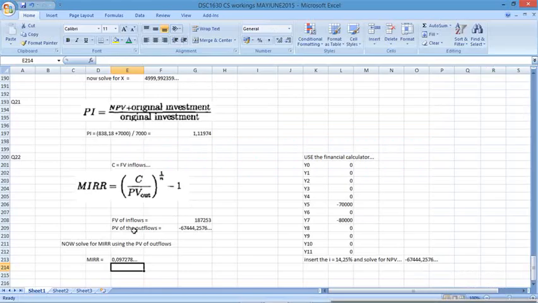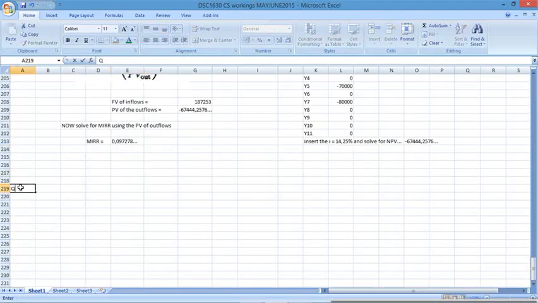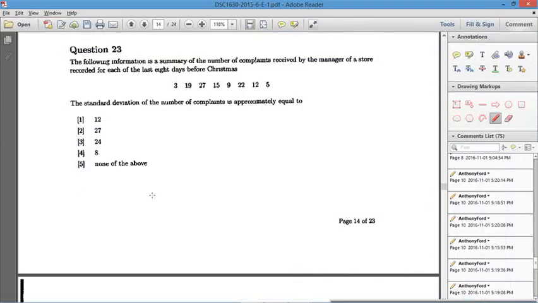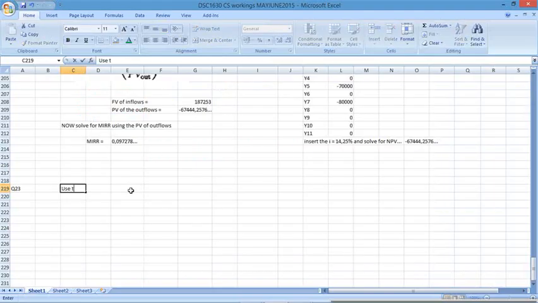Okay, question 23. Alright, question 23 is a standard deviation question. So when you see questions like this, you should be jumping up and down and saying yes. Why? Well, they're easy. Okay, all you need to do is literally grab the calculator, insert those values into the calculator, press a button for the stats mode, and solve for the standard deviation. Right, if you do that, the calculator will give you an answer. Okay, you don't need a fancy financial calculator.